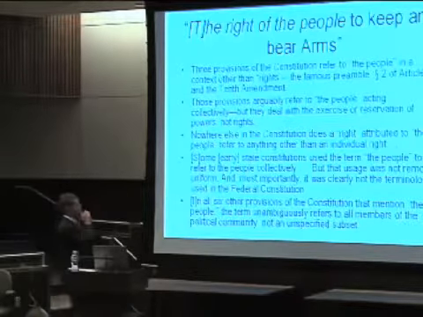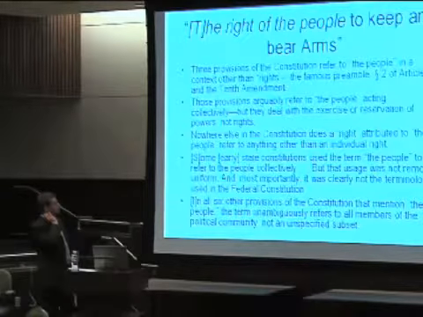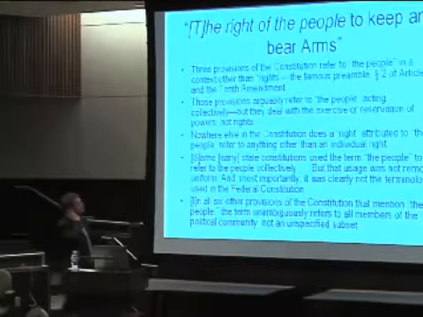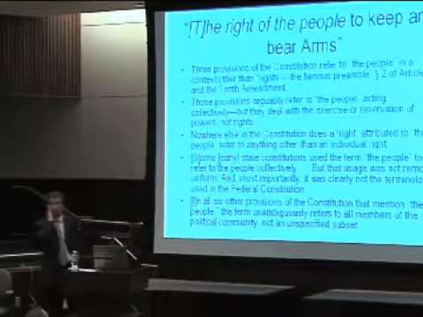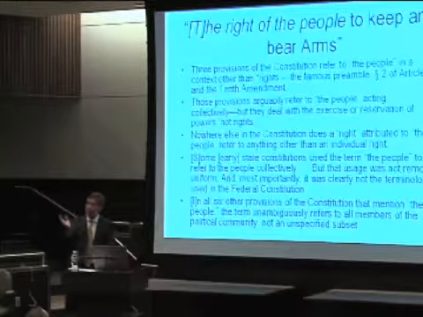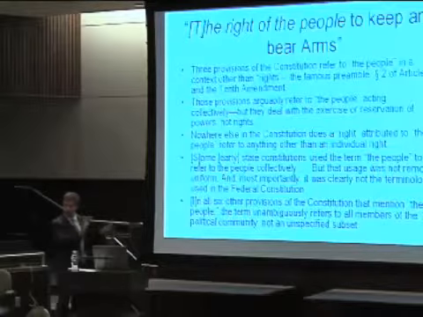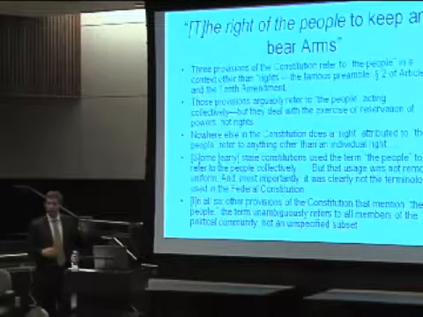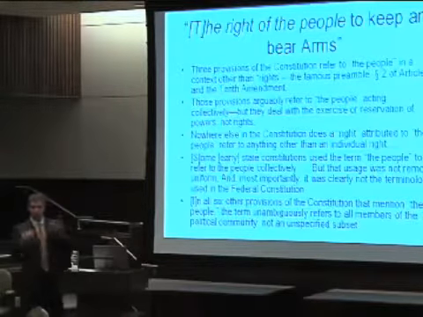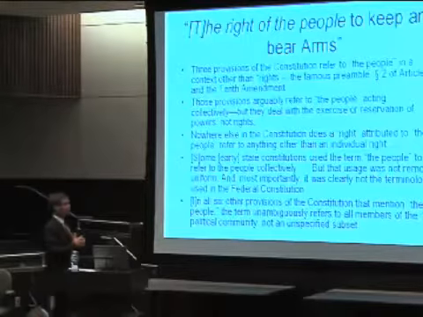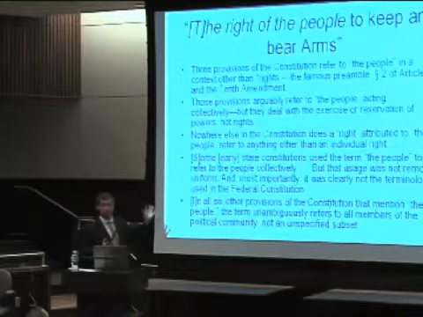Some early state constitutions use the term people to refer to people collectively, but that usage wasn't remotely uniform, and it wasn't clearly the terminology used in the federal constitution. And here, you remember, he did look at state constitutions in other contexts, and he will again. He looked at state constitutions in looking at the two-clause structure, and there he thought it was relevant. Here he thinks it's not.